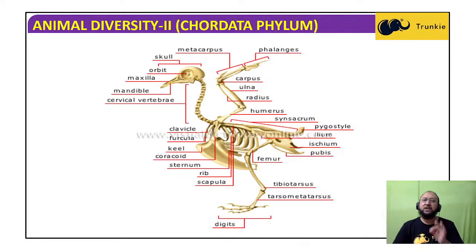Synsacrum and pygostyle are very, very important. And femur, the thigh bone, then tibiotarsus, tarsometatarsus, and the digits. And humerus, radius and ulna are present in the hands like in mammals. So these are the different skeletal parts of the bird.